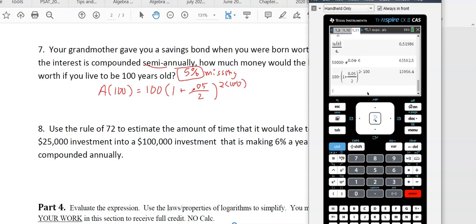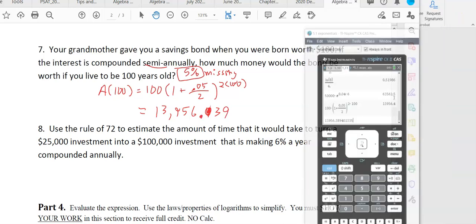Well, 13,000. So it did grow to 13,956.40. Well, let's check again. You can see even more digits if you want. 0.39. If you want to get down to the nearest cent, it would be even better.